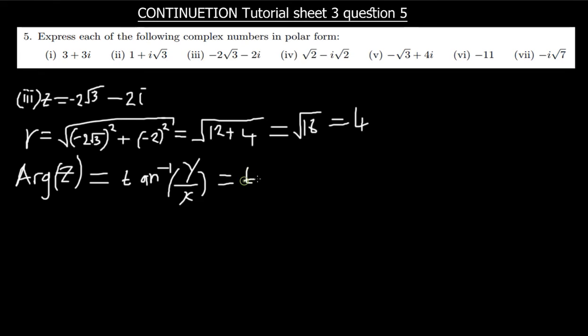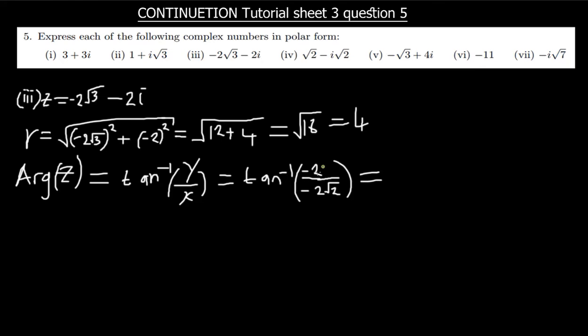So tan inverse of y over x is equal to tan inverse of, my y here is negative 2 over my x is negative 2 root 3.